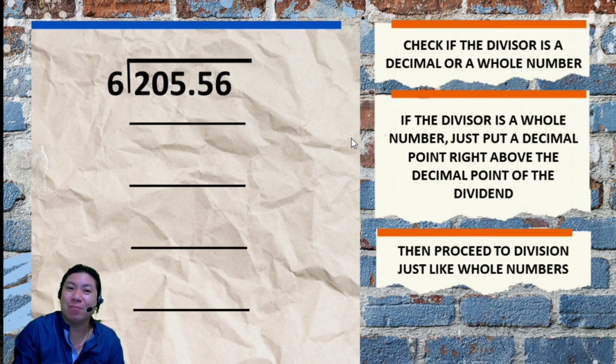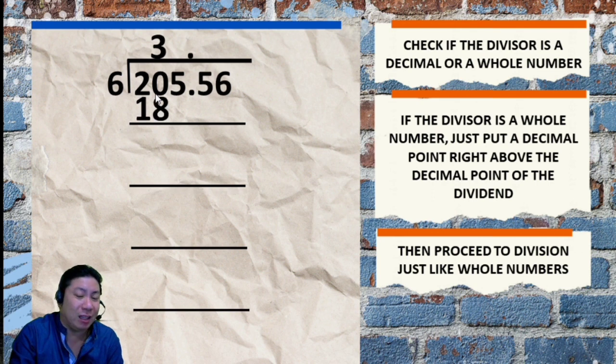So let us check. So following the 3 simple steps, check if the divisor is a whole number or a decimal. Since it is a whole number, put a decimal point above the decimal point of the dividend. Then proceed to division just like whole numbers. So 2 and 0. So 20 divided by 6 is 3. Times 6 is 18.